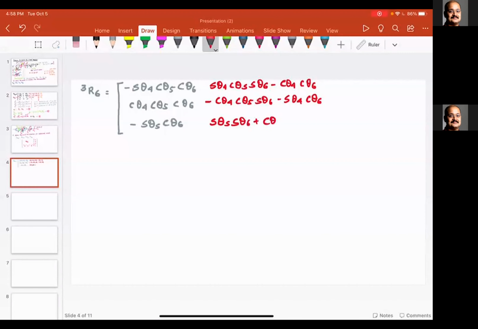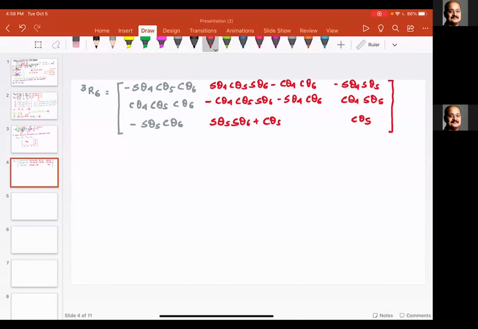Plus cosine theta 5. Then you'll have sine theta 4, sine theta 5, cosine theta 4, sine theta 5, cosine theta 5.